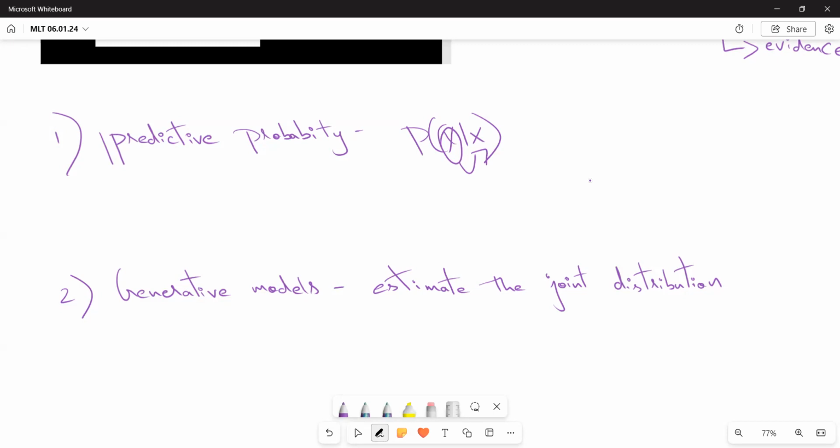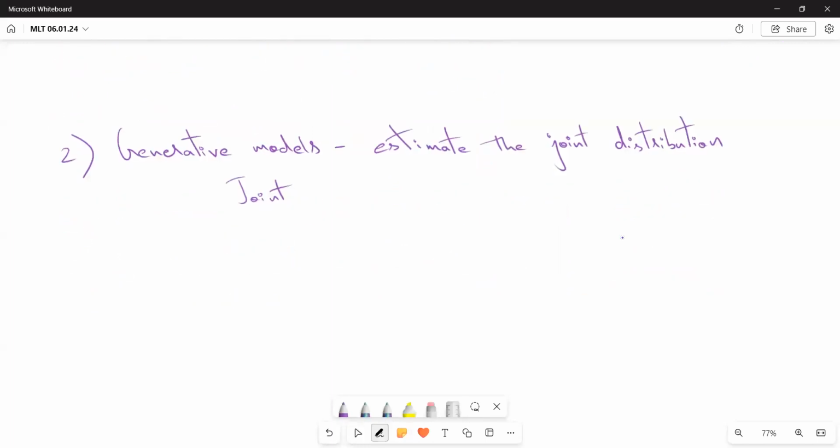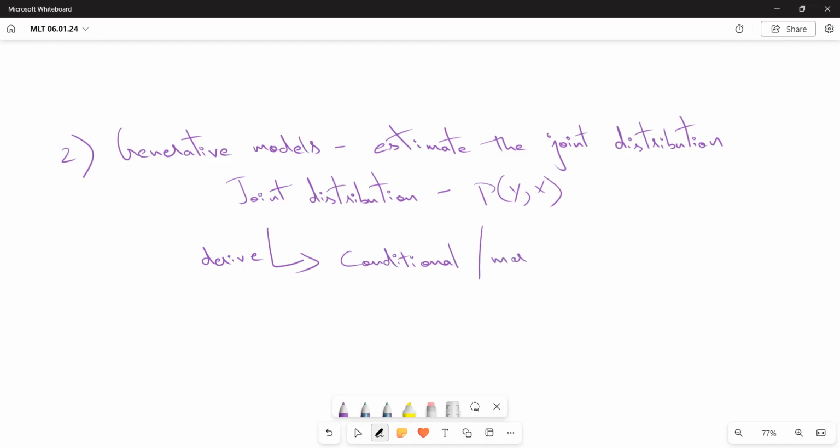That is your joint distribution. And we are going to derive any conditional or marginal distribution which involves the same variables.